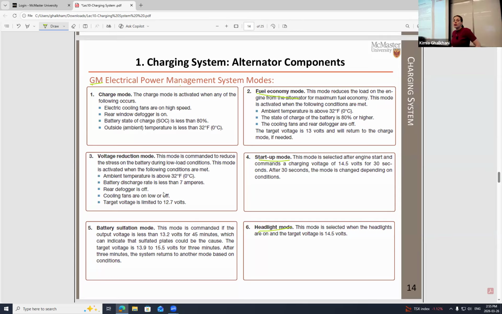So in any of them, they do have some standard to consider. For example, the headlight mode, since I just talked about headlight: if they are using the headlight mode, they have to look at the target voltage to be at around 14.5 volts, right?